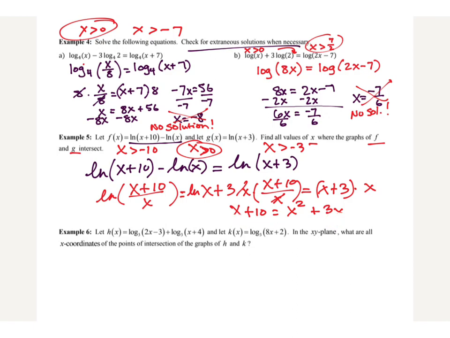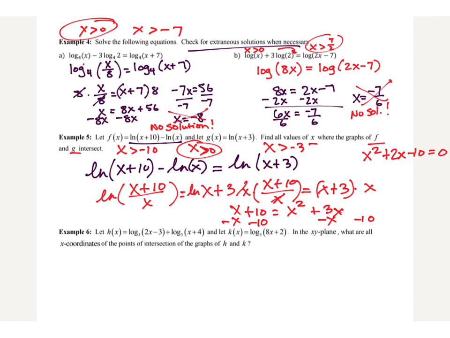So I'm going to have x squared plus 2x minus 10 equals 0. It's a positive 3x, so we're going to subtract x. It would be a positive 2. x squared plus 2x minus 10.